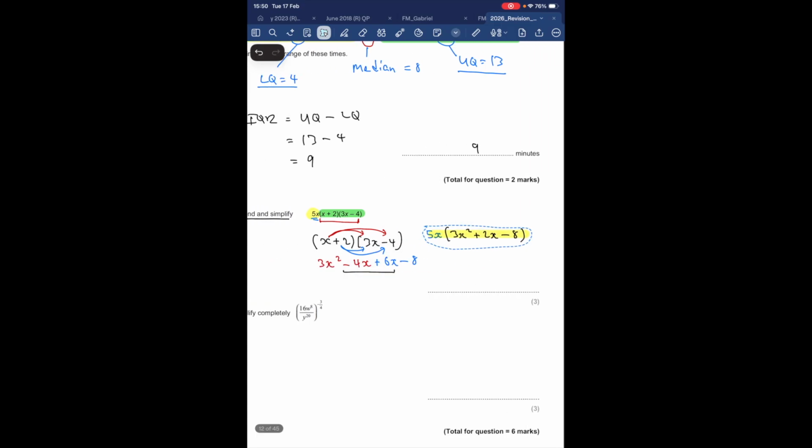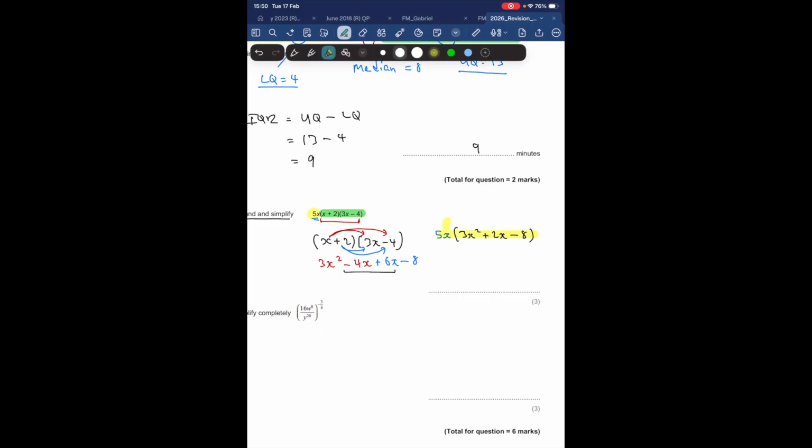Now, if I multiply it out, 5x times 3x squared will give me 15x cubed. 5x times 2x will give me plus 10x squared. And then 5x times minus 8 will give me minus 40x. And that is my expression expanded and simplified.